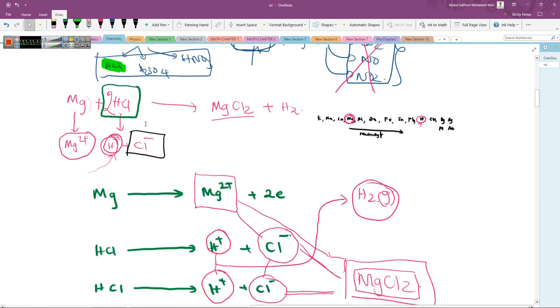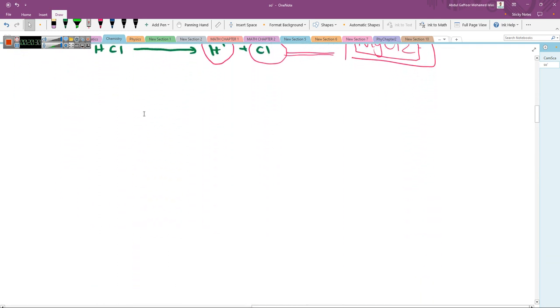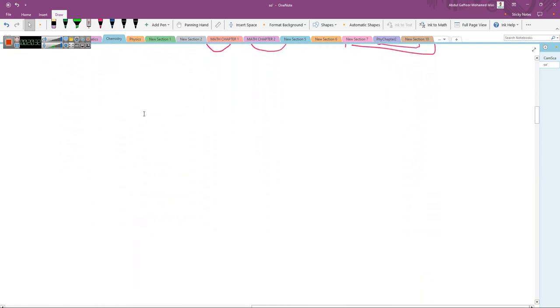Now the third one will be, we have already studied this also in the previous chapter. I told you carbonates can react with acid, right? So carbonate plus acid will give you what? A salt, plus carbon dioxide, plus water.